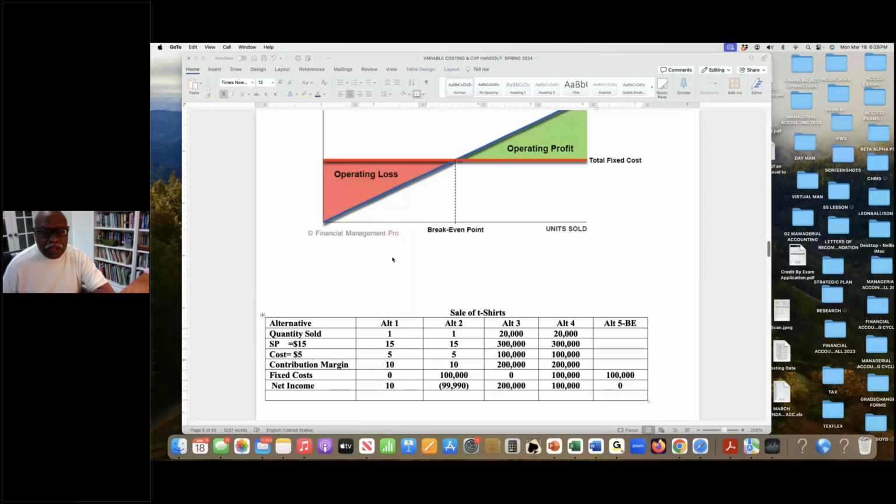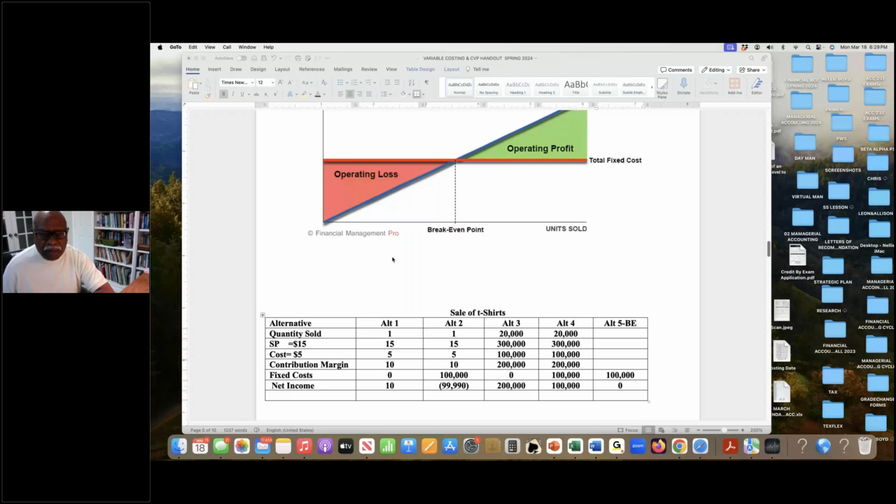So now I want you to make a calculation for me. I want you to come in this box and put the quantity sold so that the net income will be 0. That is, what quantity is going to produce a net income of 0? We see 20,000 produces the profit of 100,000, so we know that it has to be less than 20,000.